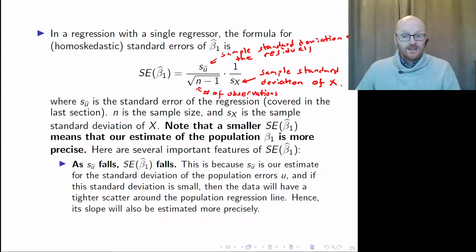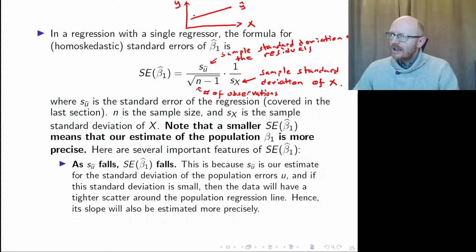So whenever you do the regression, you get this line, and you have x and y, and you just look at the residuals here, and you just calculate the sample standard deviation.